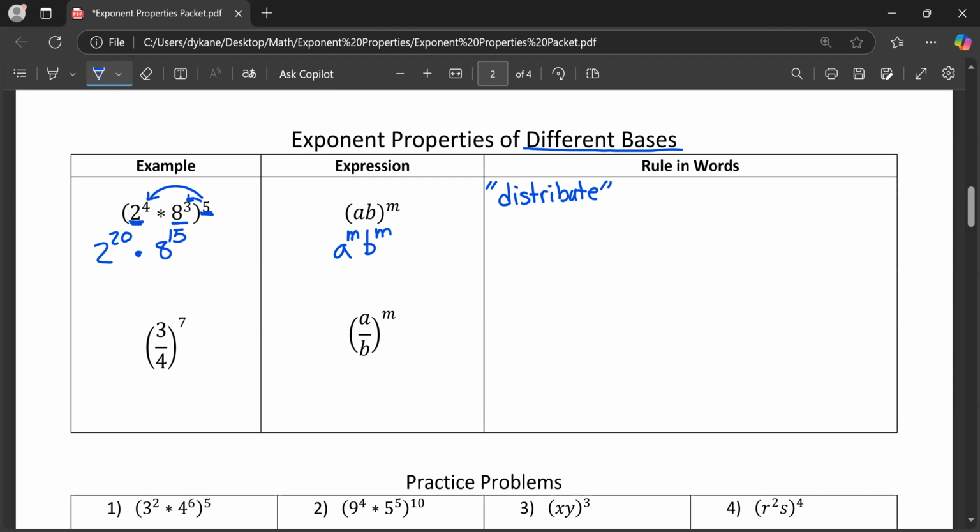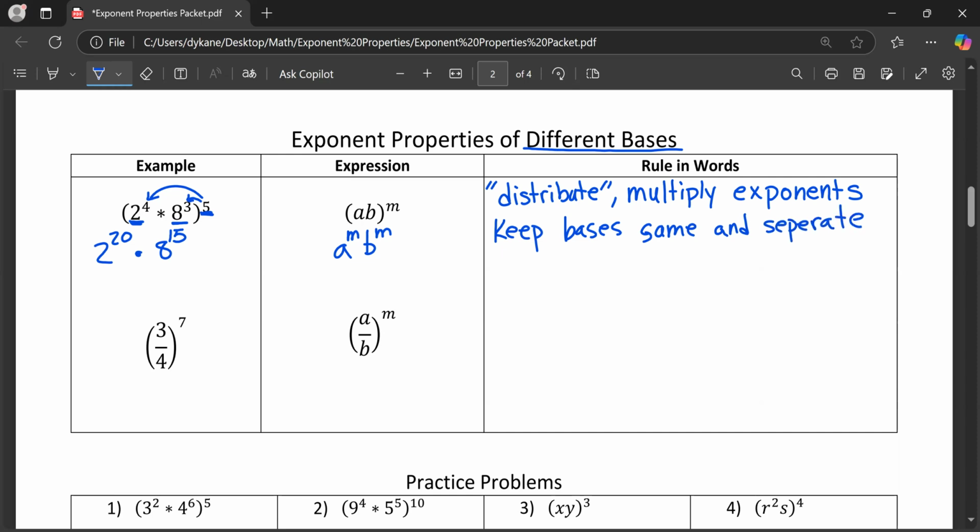We're multiplying the exponents, using that multiplication rule, the nested exponents rule, and we're going to keep the bases the same. So we're going to write: keep bases same and separate.